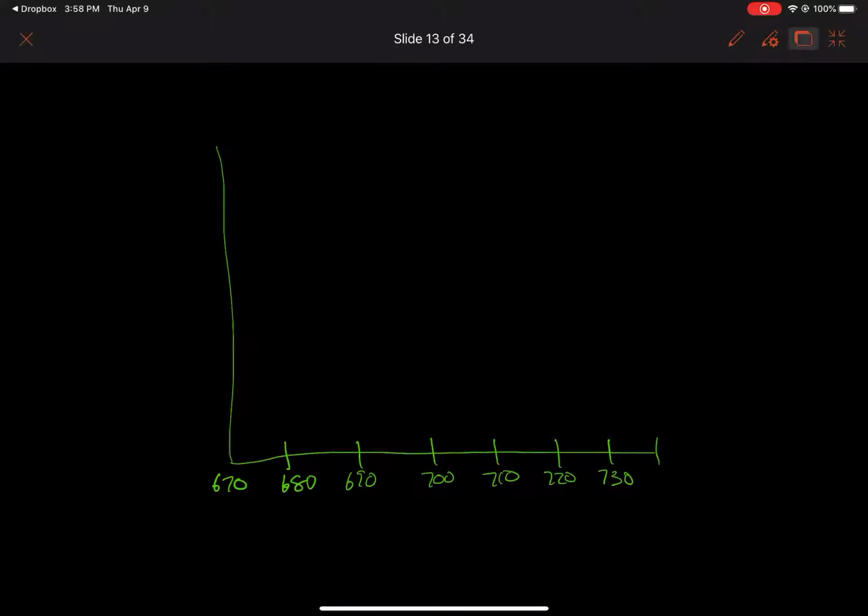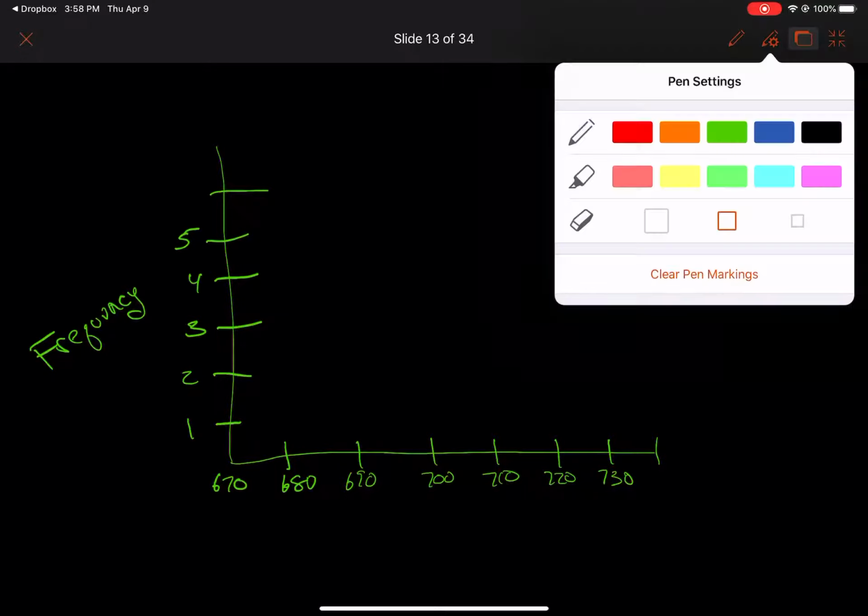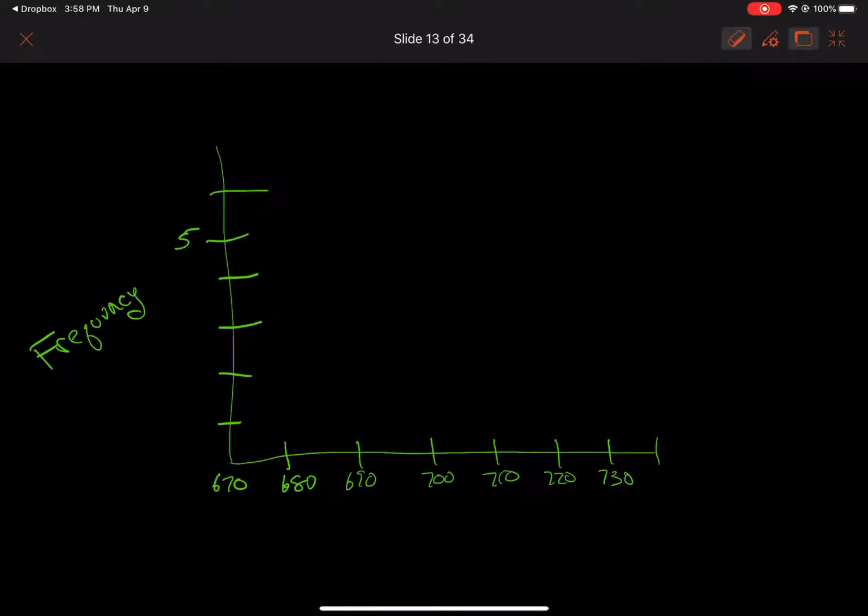So then I have my frequency over here. This would be 1, 2, 3, 4, 5. I'm going to count by twos: 2, 4, 6, 8, 10, 12.